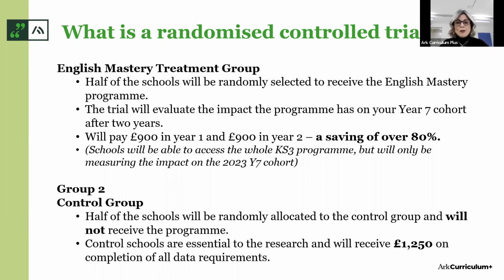That is data that you generate anyway, so you don't have to do anything different. Obviously we go through parental consent and it's all done ethically, but it's really playing a valuable part. So in a way, it's a win-win situation. You're either part of the treatment group and you get to benefit from English Mastery, or you get £1,250 for free. It's a great opportunity for all schools.